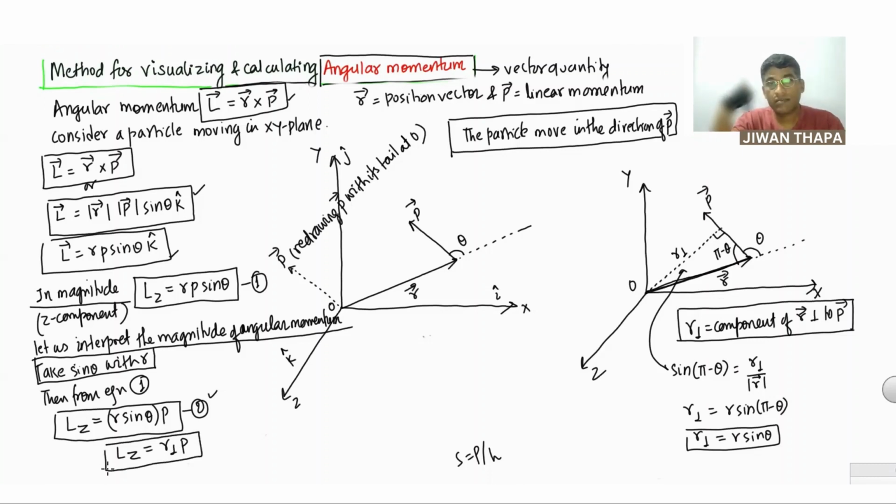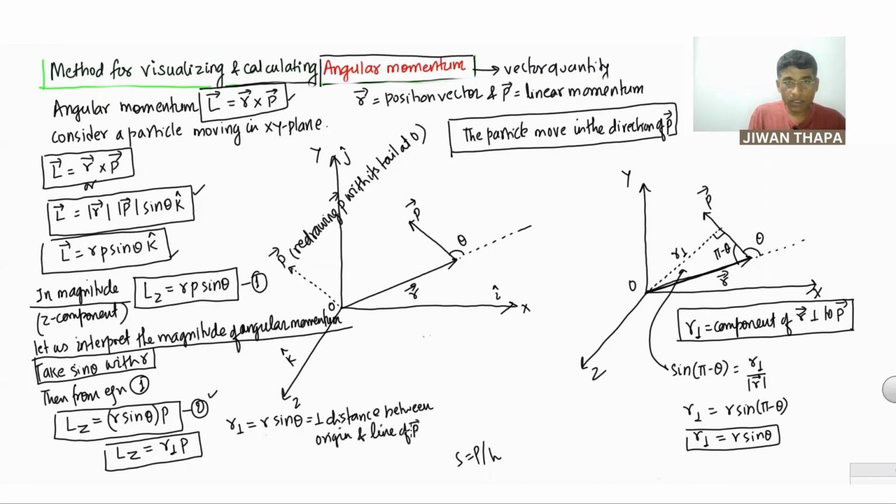We need to note that numerically r perpendicular is r times sine theta, and this is the perpendicular distance between the origin and the line of P, because linear momentum is acting along this line. Clear?